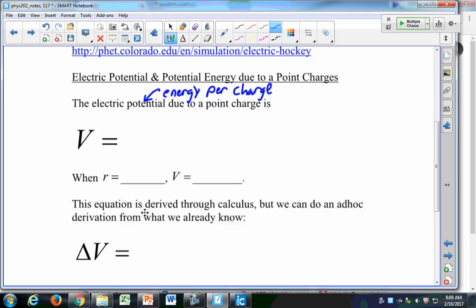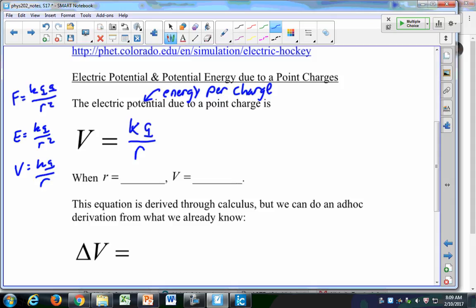Now the electric potential is given by this, kq over r. Be careful because we've seen a lot of similar equations. We had F equals kqq over r squared. Unlike the field and potential, you've got to have two charges to experience a force. The electric field was kq over r squared, and now our potential is kq over r.